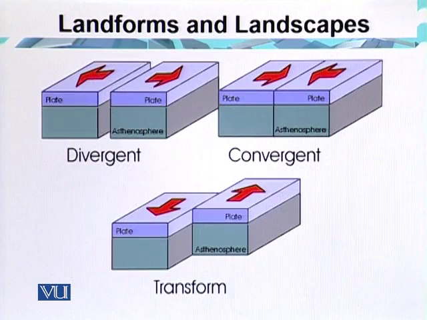Now here we can see that some of the areas are under divergent, when two plates move apart. So this is called the divergence of the tectonic plates. And number two is the convergent area, where we can see the plates are moving toward one another.